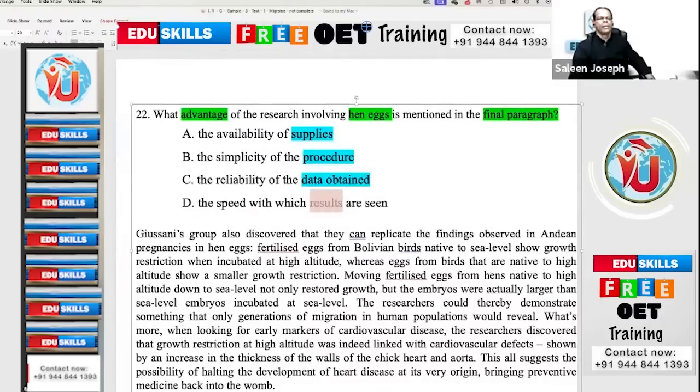Results. And the differentiating edging words are availability. The other one is simplicity. Then reliability. These are the differentiating edging words or keywords. The first part we marked is concept based.